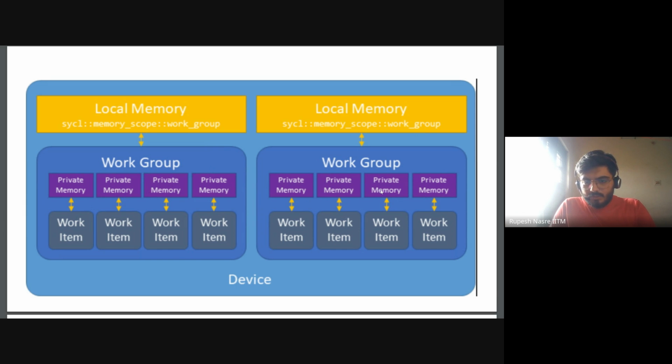All the work groups are connected to the global memory, like RAM. The global memory is unique and shared between all the work groups, but each work group has its own local memory.